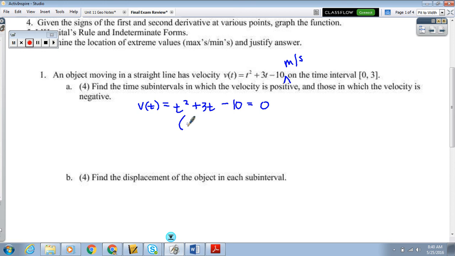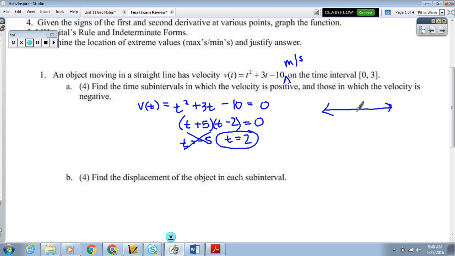Yep, it would be t plus 5 and t minus 2 as my two binomials. And then when I solve, obviously I get two answers, one of which does not make any sense at all, because time shouldn't be negative. So time equals 2 is the spot when my object is stopped.